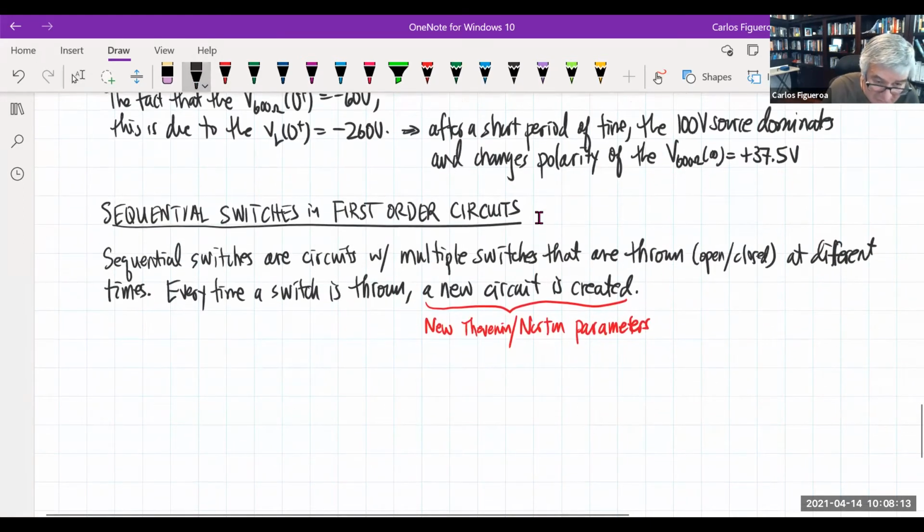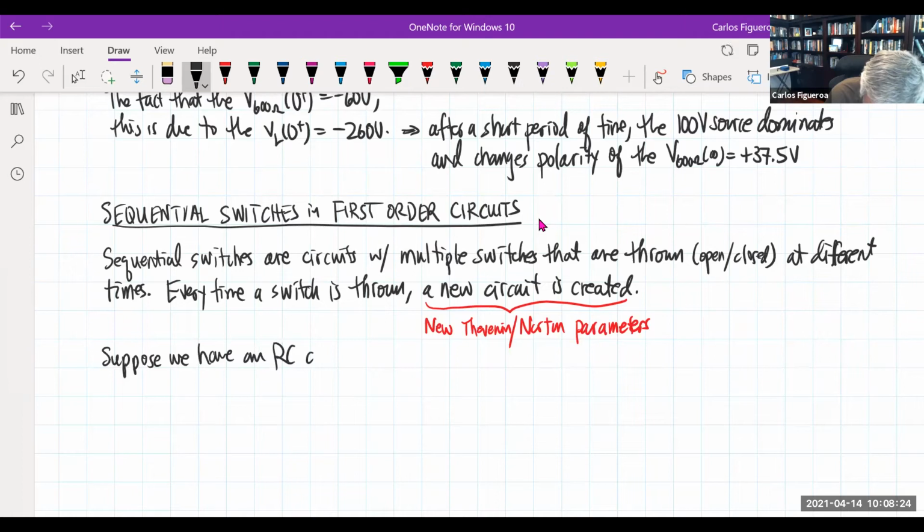And so again, as an example, we should look at something like this here. So suppose we have an RC circuit with the following behavior.